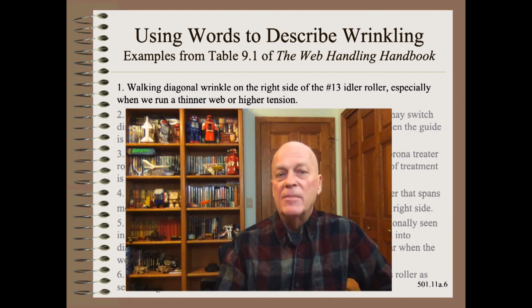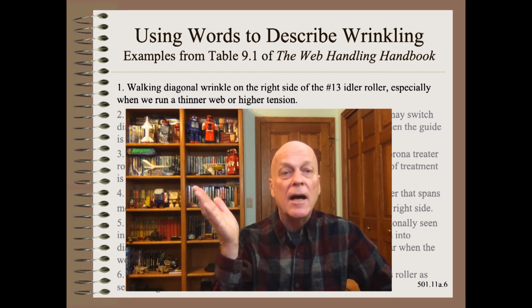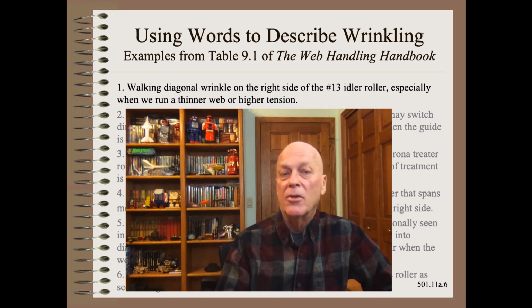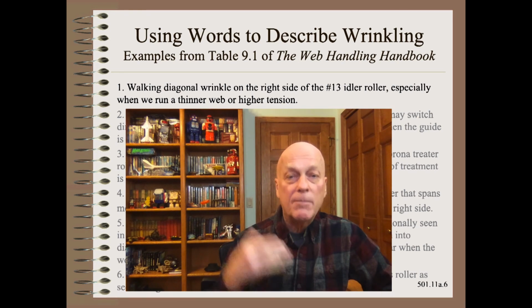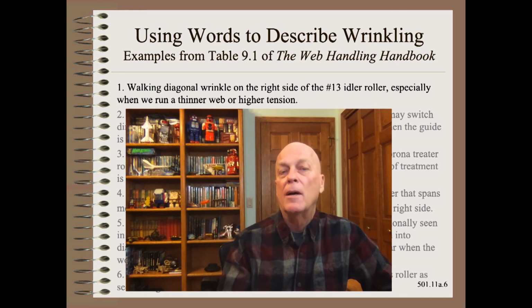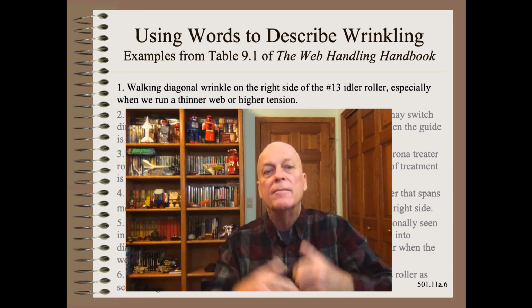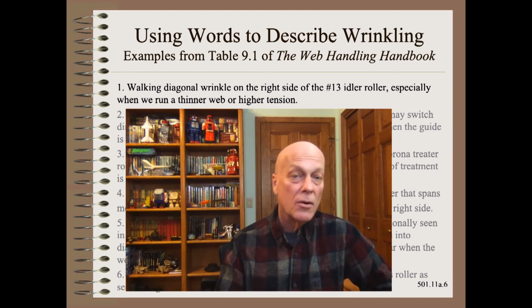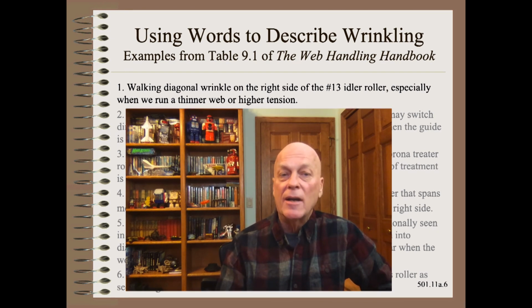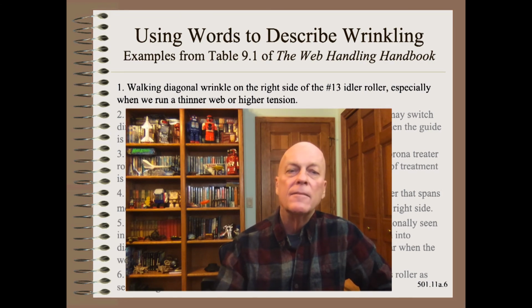We sometimes see a walking diagonal wrinkle on the right side of our number 13 idler roller, especially when we run a thinner web or at a higher tension. This short sentence shows us where the wrinkle is first seen, what the major wrinkle type is, and consequently what remedies with web machine mechanicals and web machine controls might be useful.